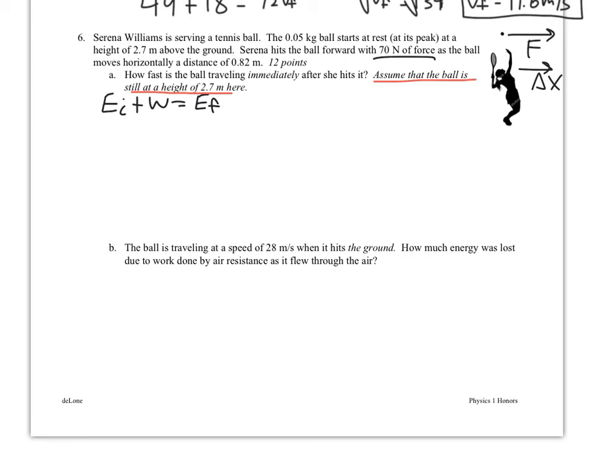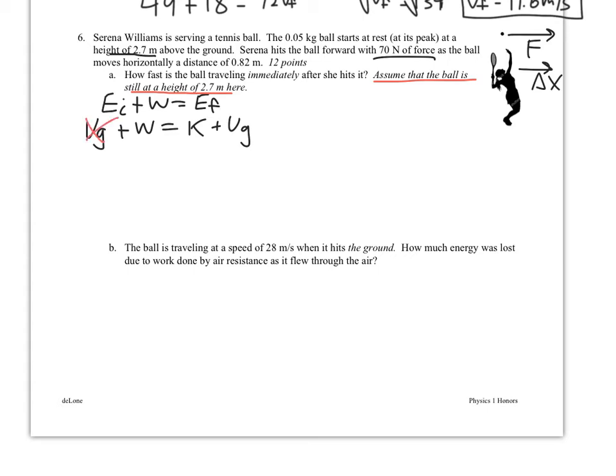So what that means is, and there's a few ways you can handle this, we definitely start with UG, and then there's some work being done. And we're going to end with kinetic because it's moving, but we're also going to end with UG. The initial height, before it's hit, is 2.7 meters, and the height after it's hit is still 2.7 meters.